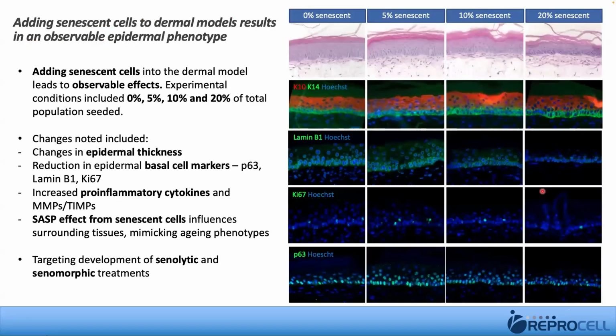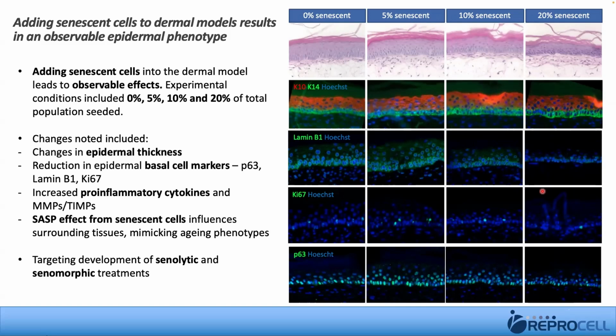An alternative strategy is to introduce into a young model an increasing percentage of senescent cells. So we render our fibroblasts senescent using X-ray radiation. We incorporate them into the dermal compartment, and we see then the effect of the bystander effect known as SASP.